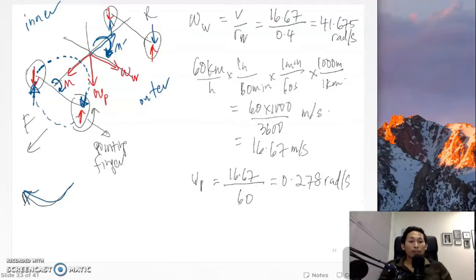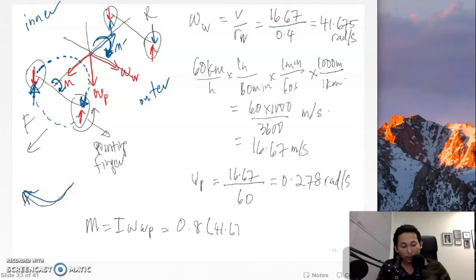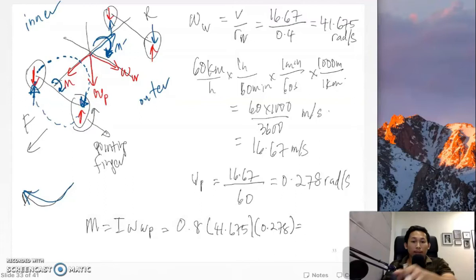Okay, so we calculate our gyroscopic couple, M equals I omega p. We have I equals 0.8, angular velocity equals 41.675, and precession 0.278.